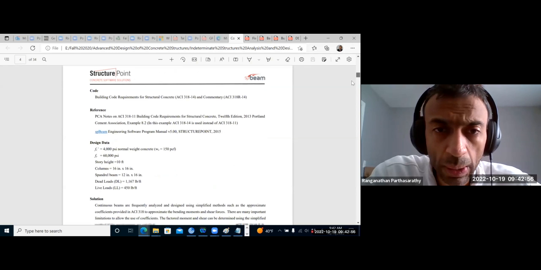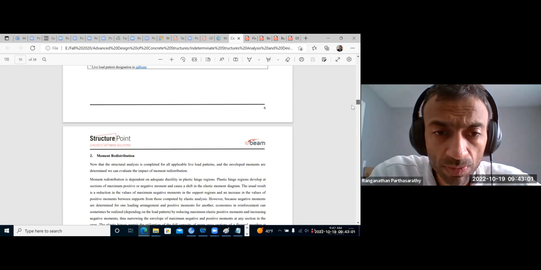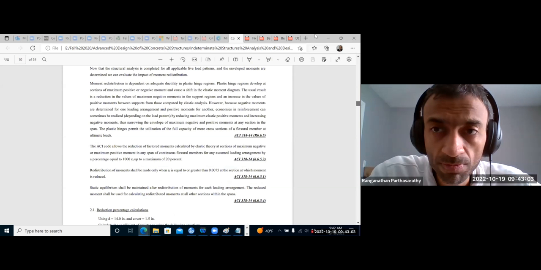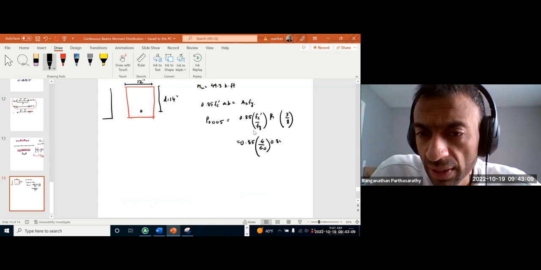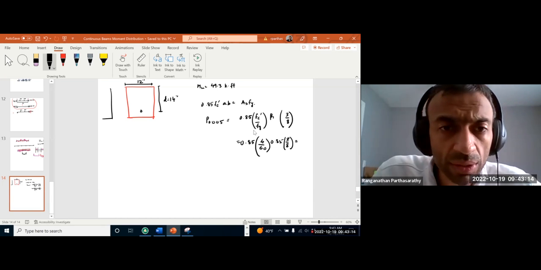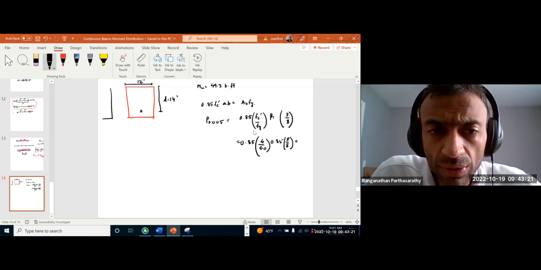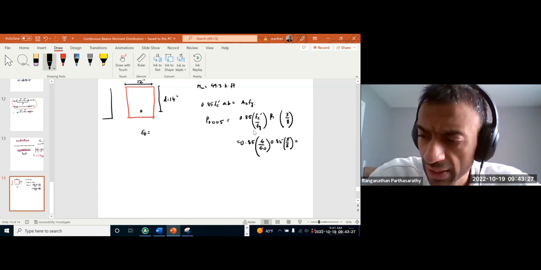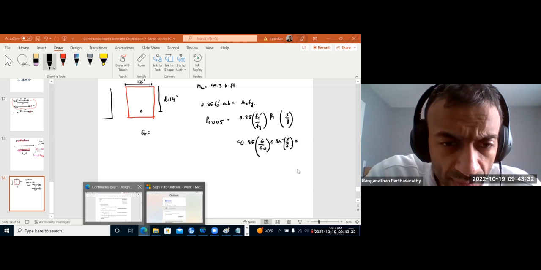Yes. So 4 by 60, beta 1 is 0.85, 3 by 8. So for this, epsilon t will come out exactly 0.005.